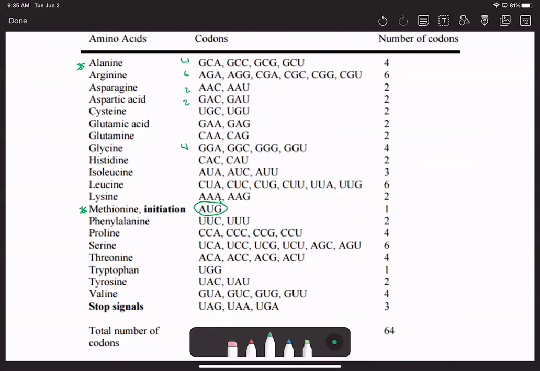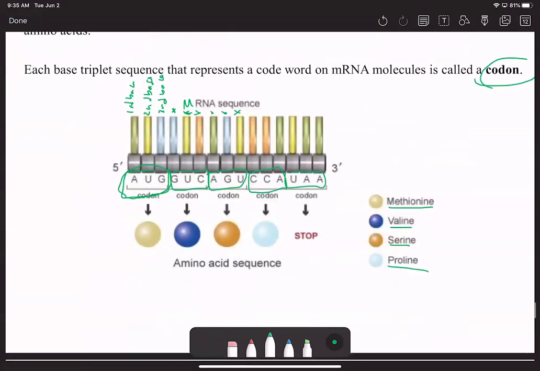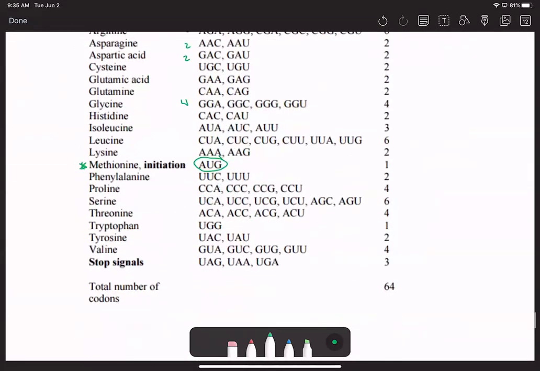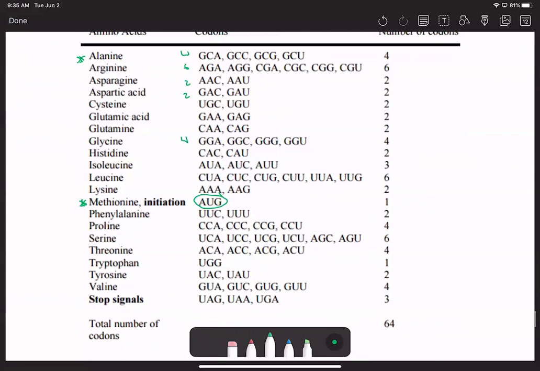So some of these amino acids have more than one codon, right? Some have 1, some have 2, some have 4, some have 3, depending on the particular amino acid. So GUC, and here's GUC, and that stands for valine.